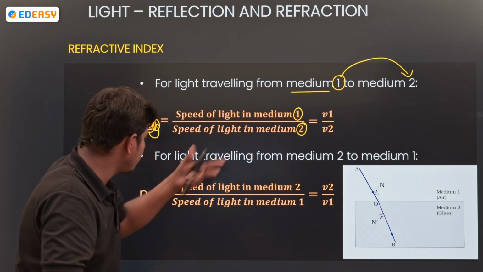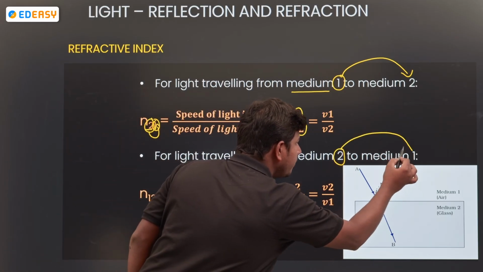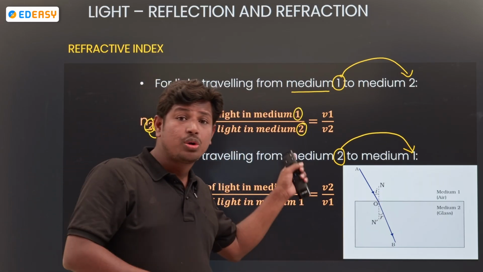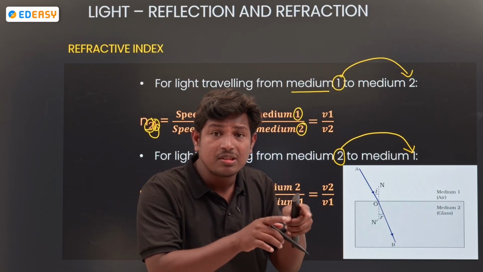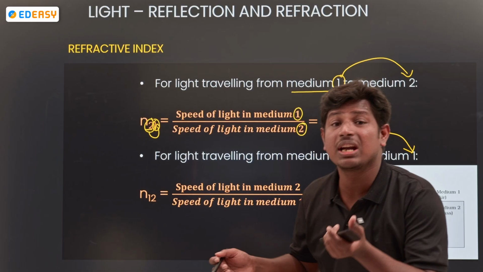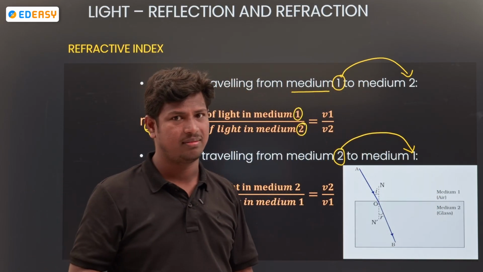Okay, and if the light travels from 2 to 1, what will happen? From 1 to 2, we took the refractive index of the second material with respect to the first. And here it is the refractive index of the first material with respect to the second.